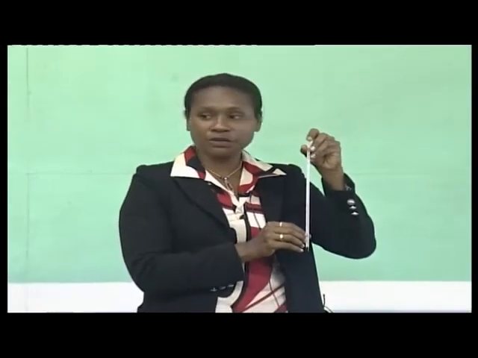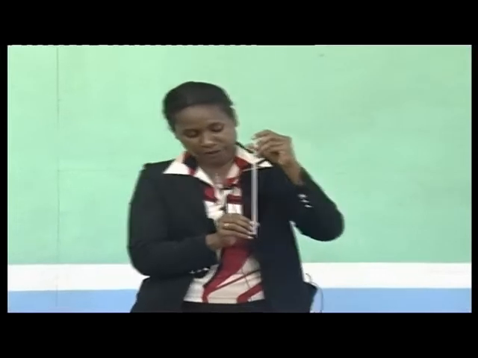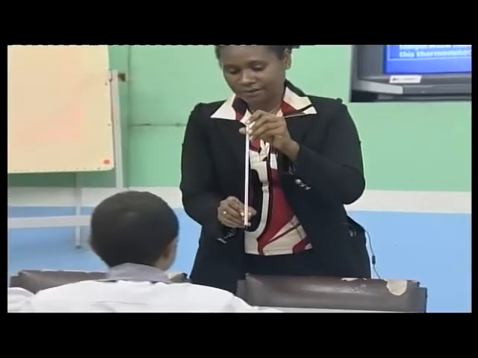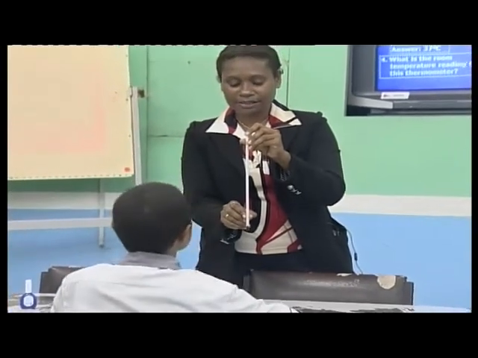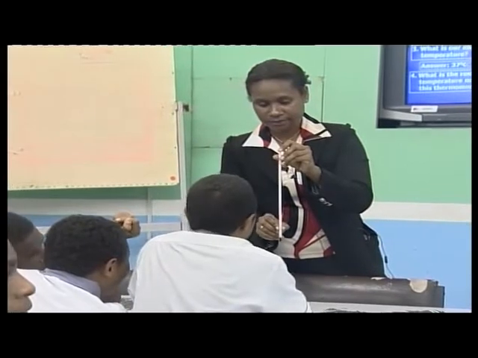Okay, we'll have Robert to take the reading from the thermometer. Thank you, Robert. Robert will tell the class now what is the room temperature. Okay, Robert, can you read out the temperature reading from this thermometer? 32 degrees Celsius.